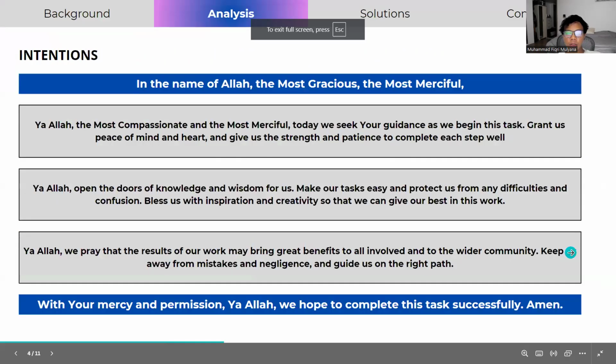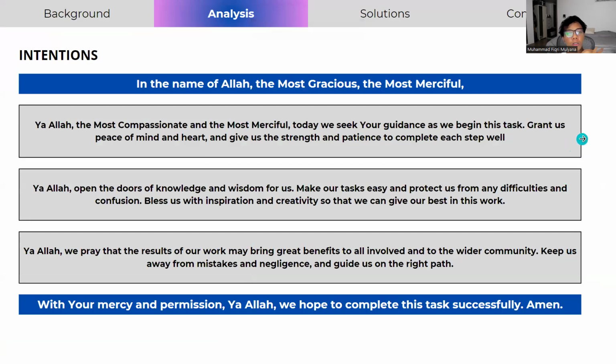The next one is we want to analyze the suspension system, but before that, we have to pray. God, in the name of Allah, the most gracious and the most merciful, today we seek your guidance as we begin this task. Grant us peace of mind and heart, and give us the strength of patience to complete each step. Open the doors of knowledge and wisdom for us, make our tasks easy, and protect us from any difficulties and confusion.